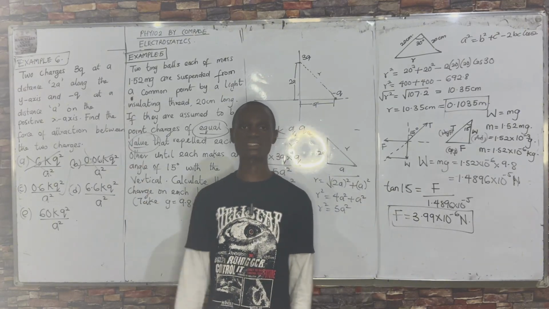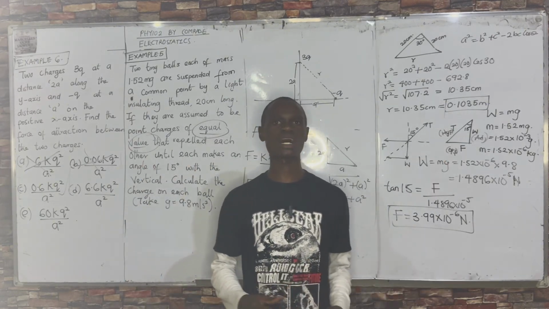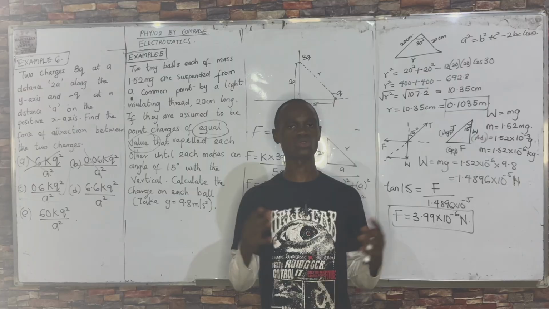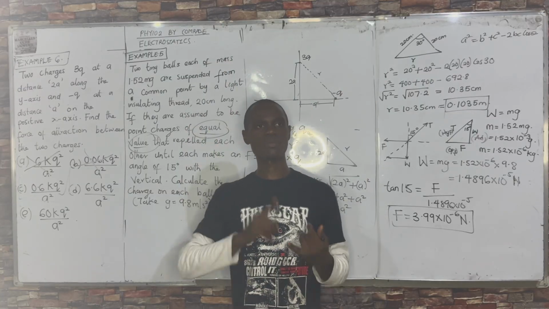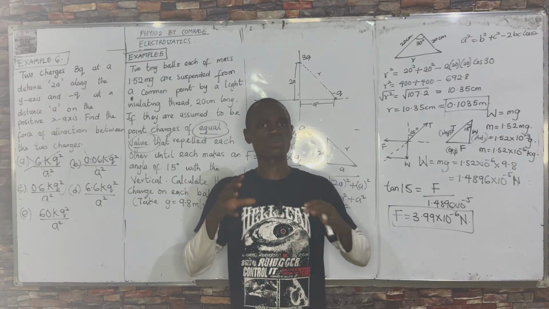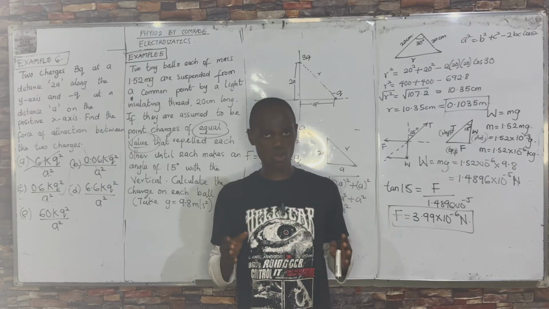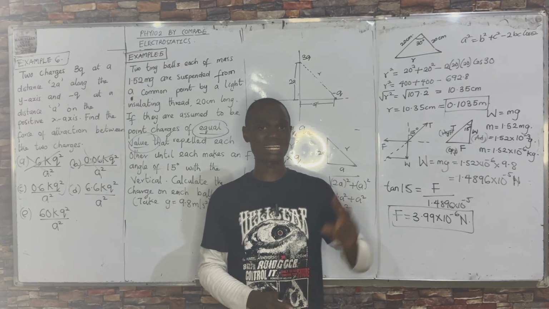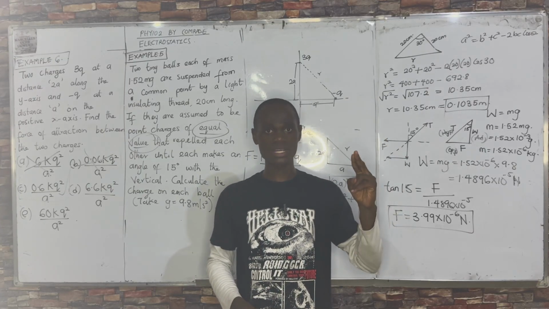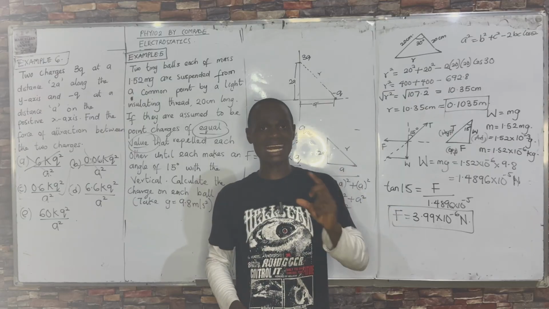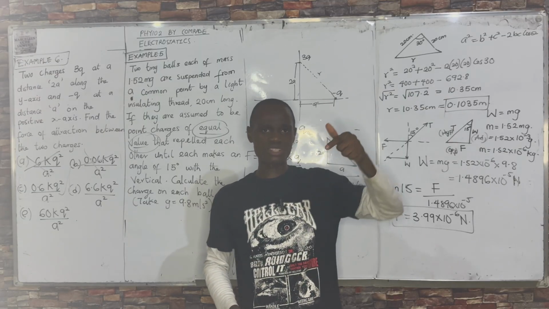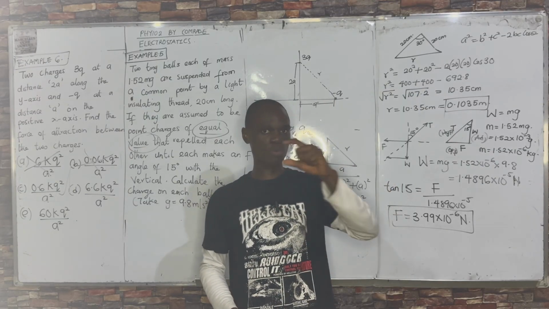So that is actually Coulomb's law or electrostatics. So in the next chapter, we are doing electric field. So don't miss. So what must you have in mind? First of all, the study of the interaction between charges at rest is called what? Electrostatics. Is that true? There are two kinds of charge, positive and negative. And both of them are created as a result of the electron. When there is deficiency in electron, you have positive charge.